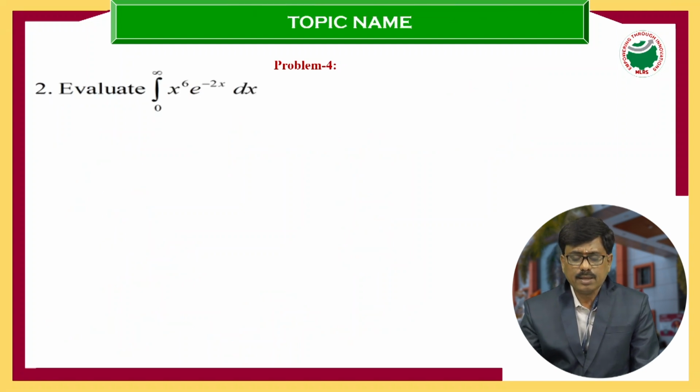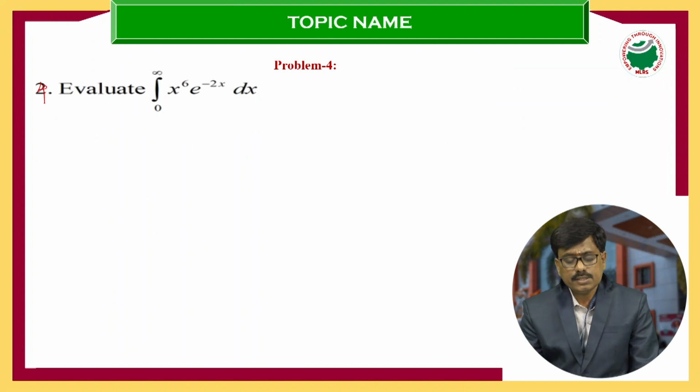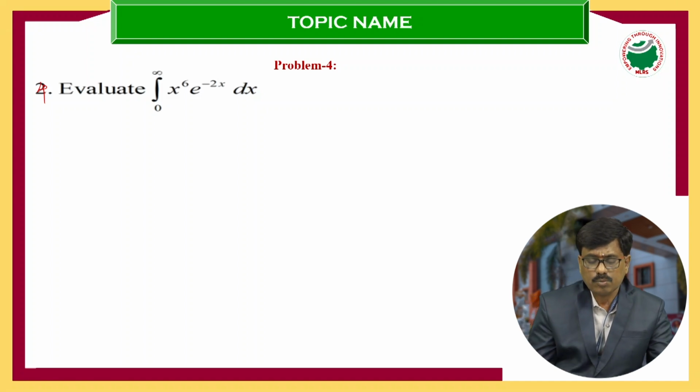Okay. Further, I am going to extend one more problem. Evaluate integral 0 to infinity x power 6 into e power minus 2x into dx. When you observe the limit, this is also similar to the special kind of function, which is Eulerian second kind improper integral.